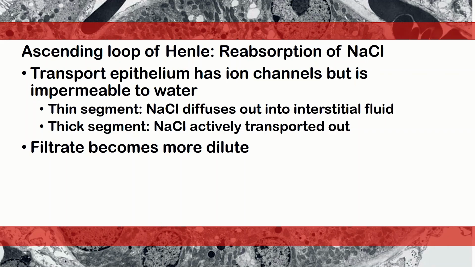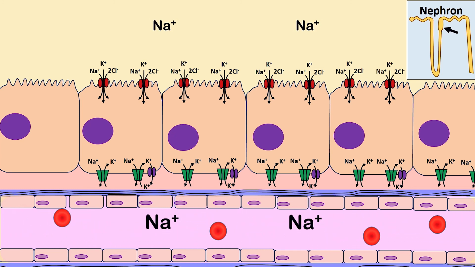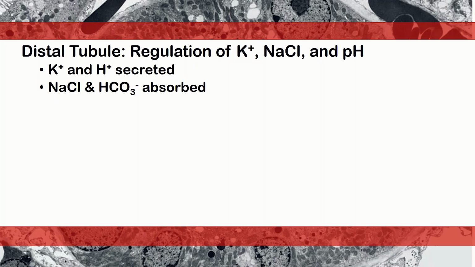Once you get up to the thick segment, though, you reach an area where you start to see increasing amounts of active transport of that sodium and chloride from the filtrate into the blood. As a result of these steps, the filtrate becomes progressively more dilute in terms of solutes. Having moved through the loop of Henle, we next come to the distal convoluted tubule.